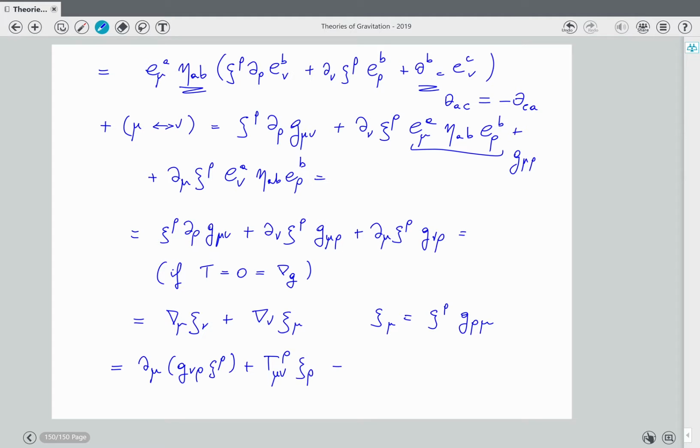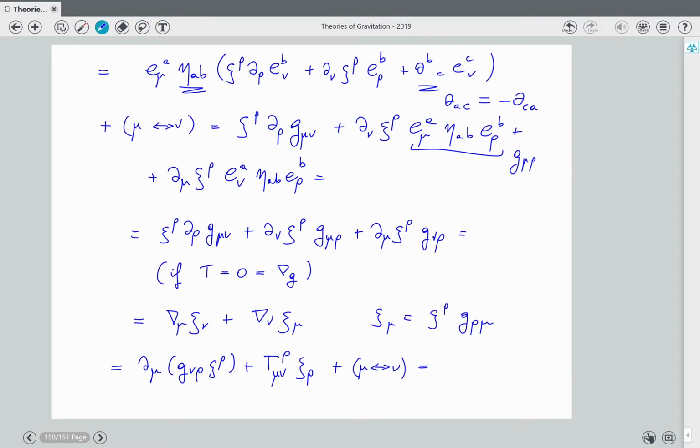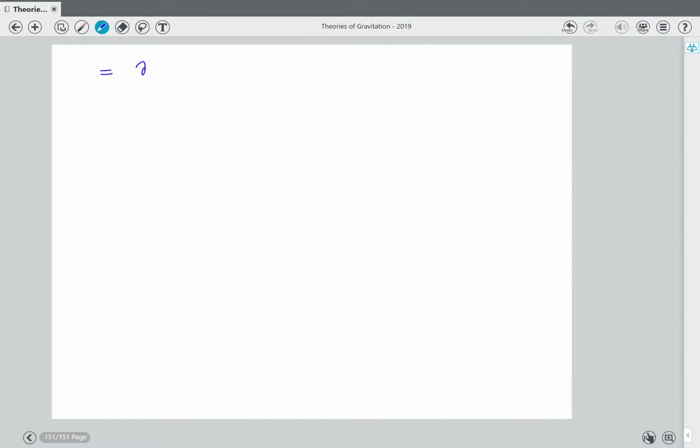And then you have the same thing once you exchange mu and nu. Okay, so let's perform that derivative. You have two contributions, partial mu g nu rho psi rho plus g nu rho partial mu psi rho.